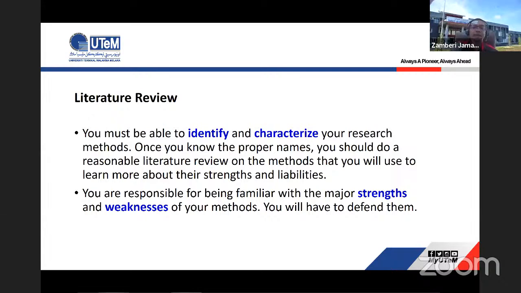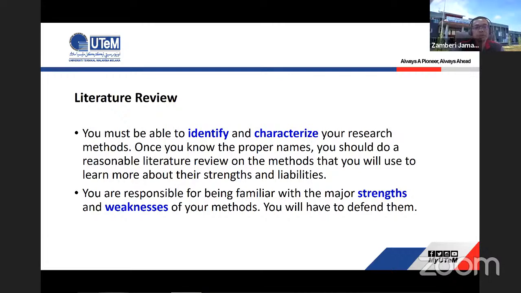Where is the novelty? Where is the research gap? What are the strengths and weaknesses of the methods that have been done and published by previous researchers? This is what students, or us as researchers, must focus on.